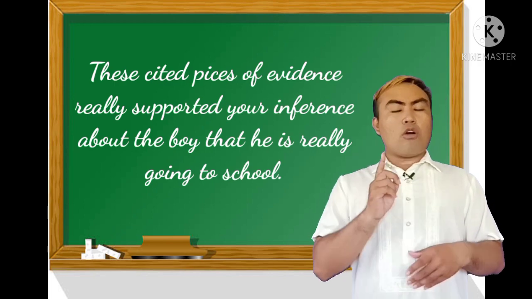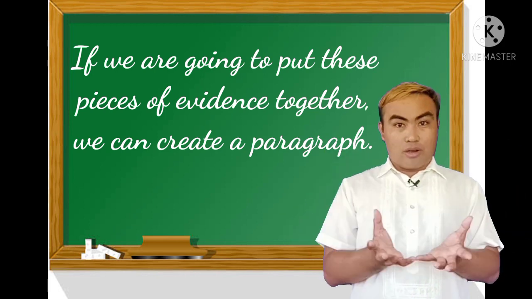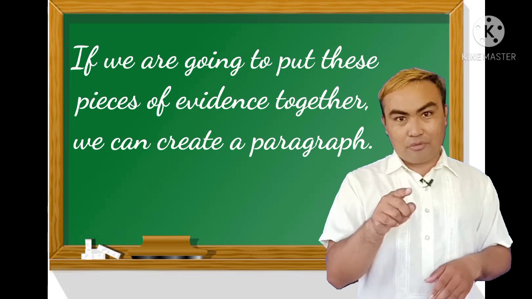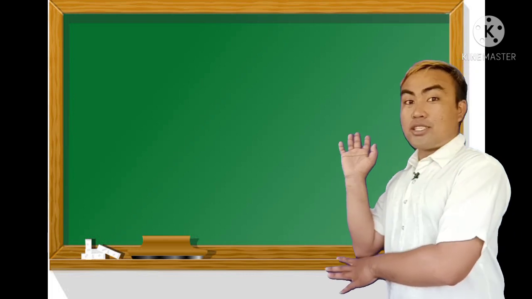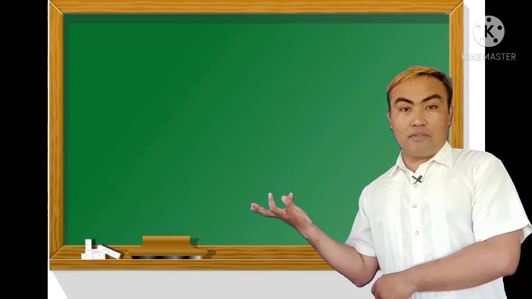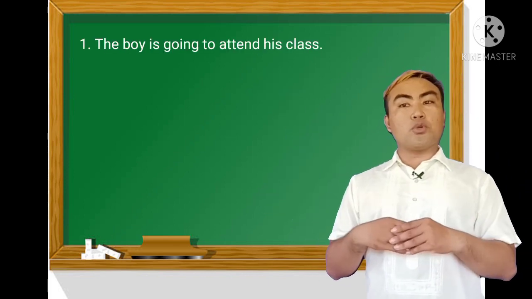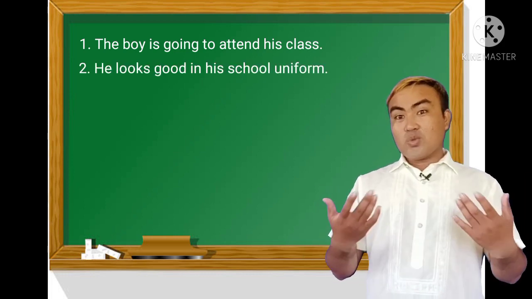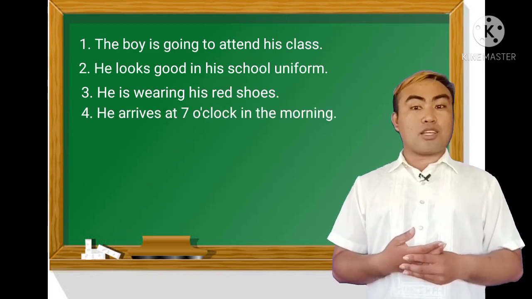Now, if we put these pieces of evidence together, we can create a paragraph. And it goes this way. Those given pieces of evidence about the picture: the boy is going to school to attend his class. He looks good in his school uniform. He's wearing his red shoes. He arrives at 7 o'clock in the morning as scheduled for his class.